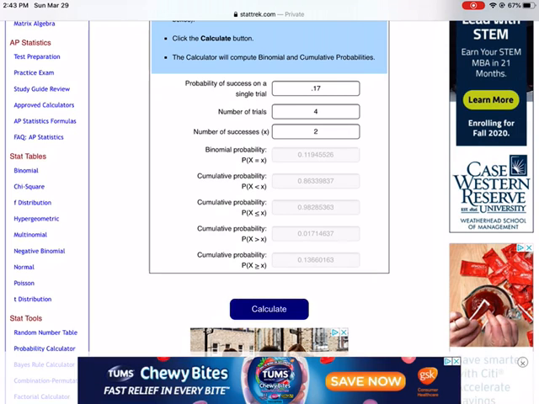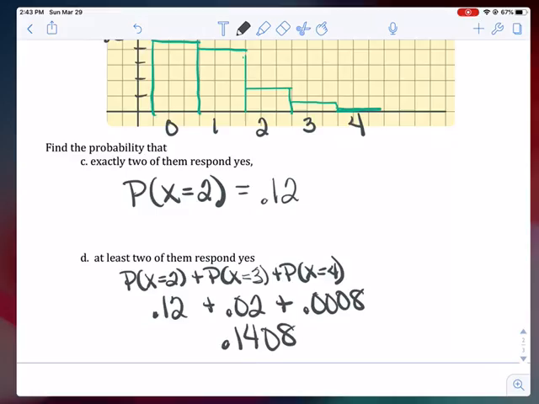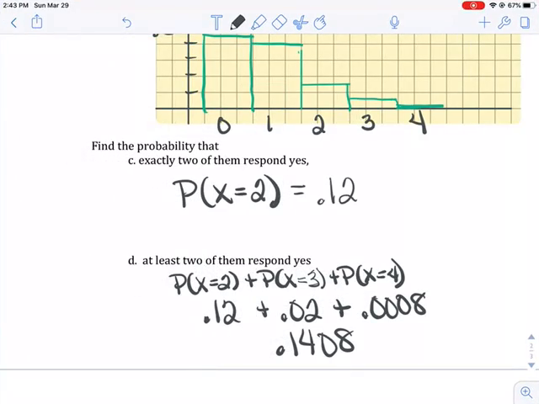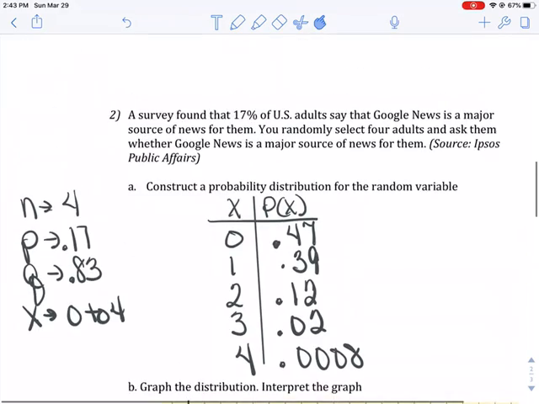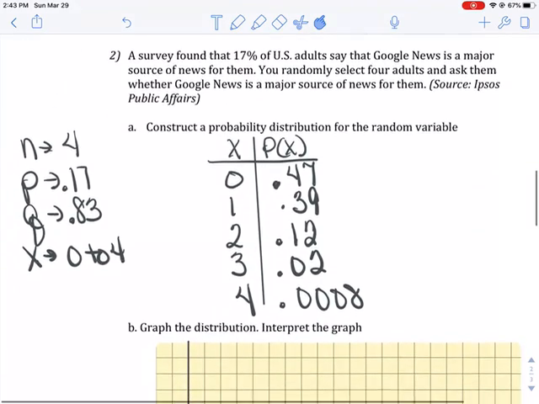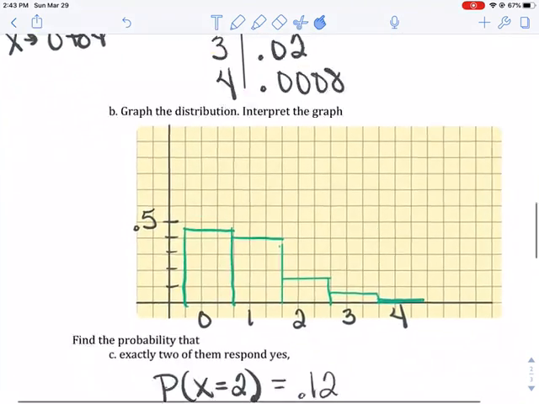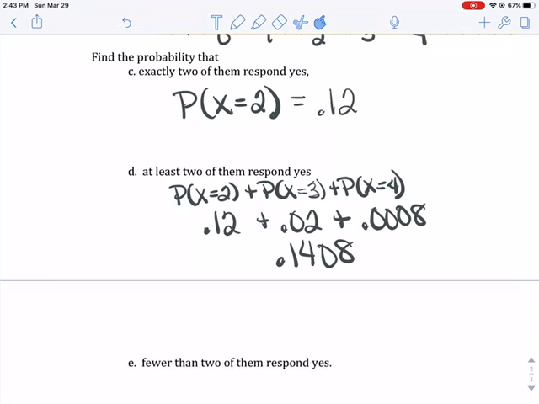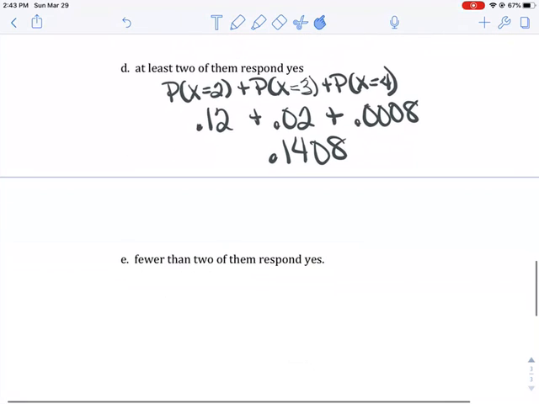I don't think that's the same. 0.137. Well, I messed up something. I think this, did I do a different problem? Well, I'm going to go with 0.1408.